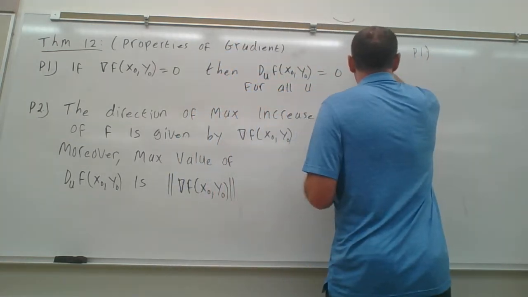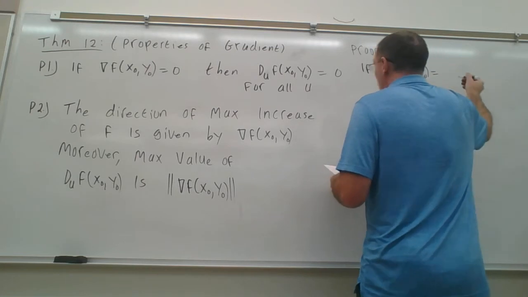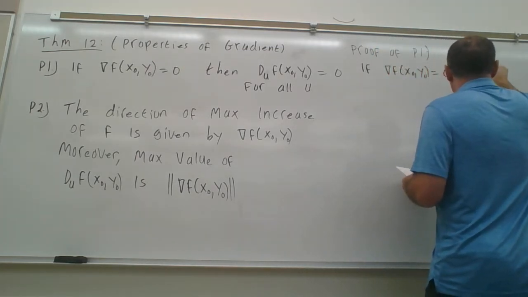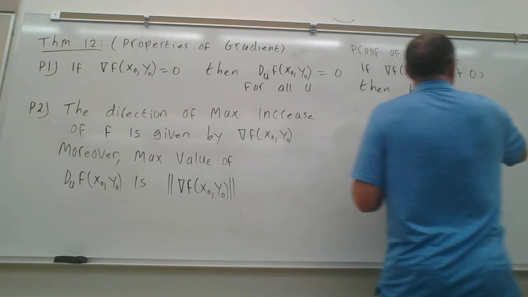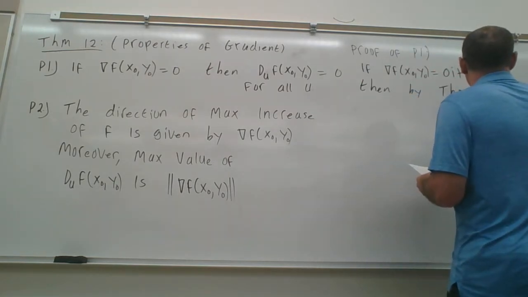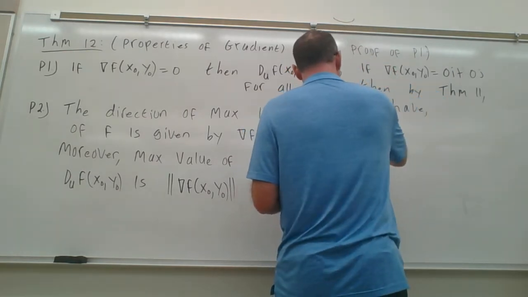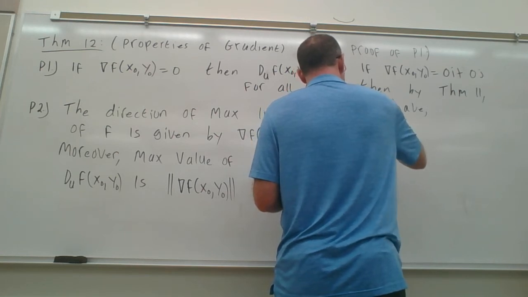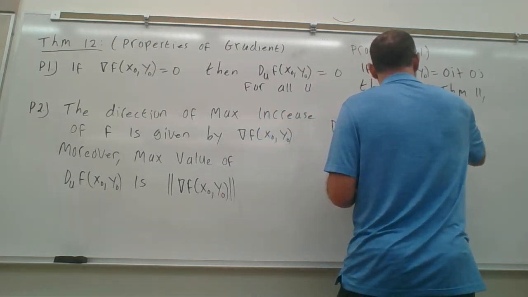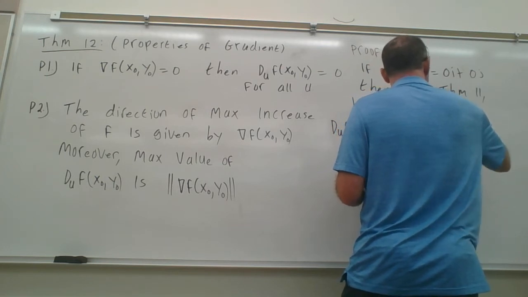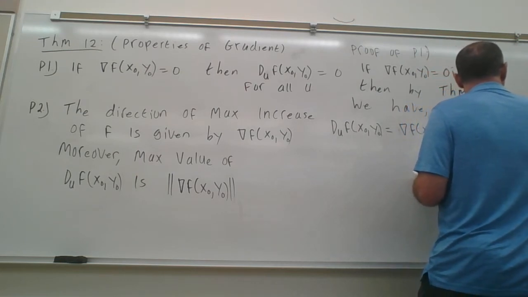So suppose the gradient at x0, y0 was equal to 0, what I mean by that is 0i plus 0j, then by theorem 11, we have that the directional derivative at x0, y0 will be this dotted with cosine i plus sine j.